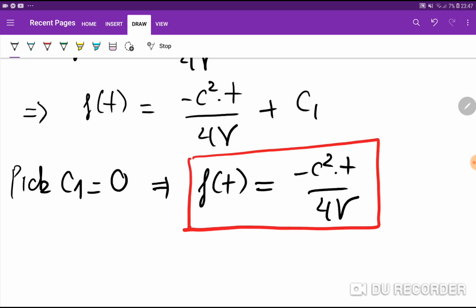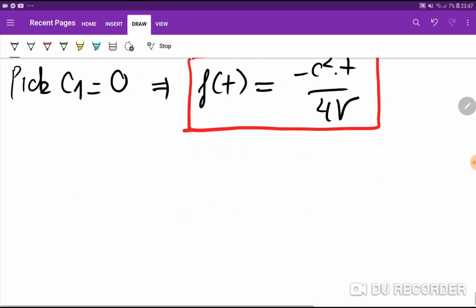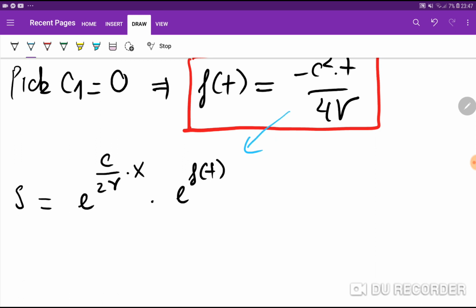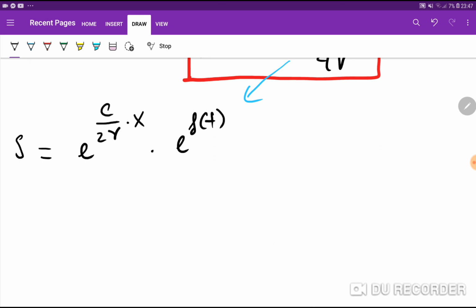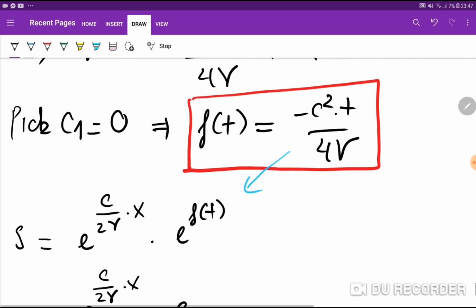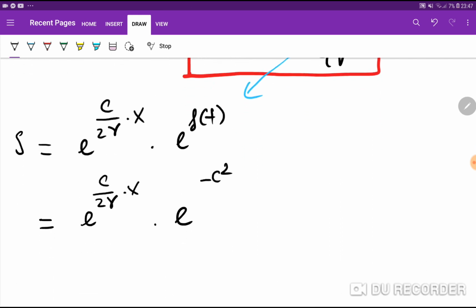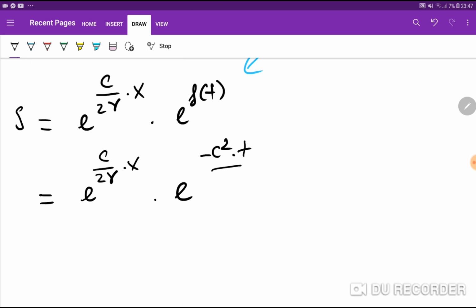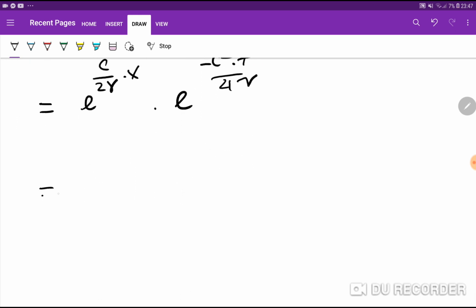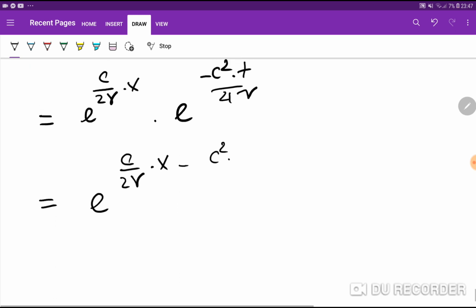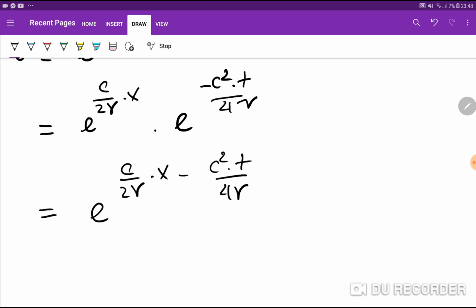All right, so we have f of t already, and we can complete S. Remember S is e to the power c over 2 mu times x times e to the power f of t. Substituting f of t, it will be e to the power of c over 2 mu times x minus c squared times t over 4 mu.